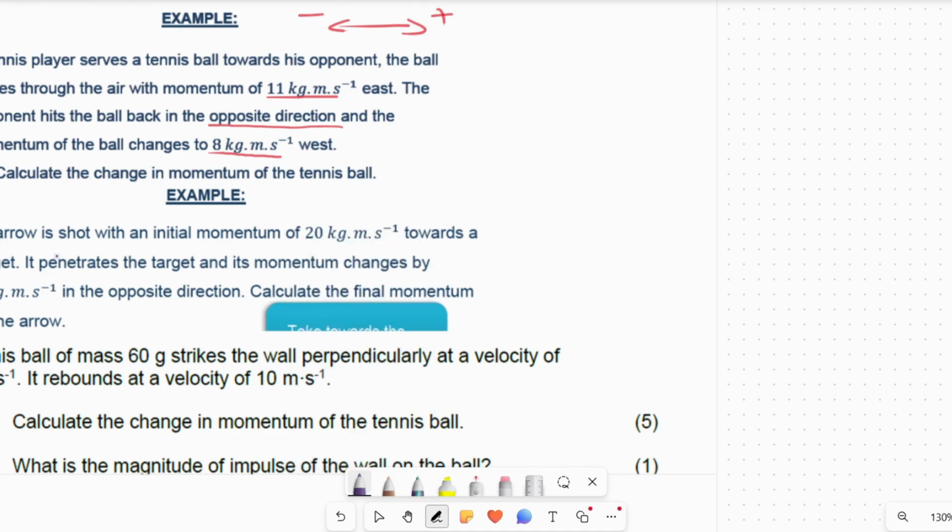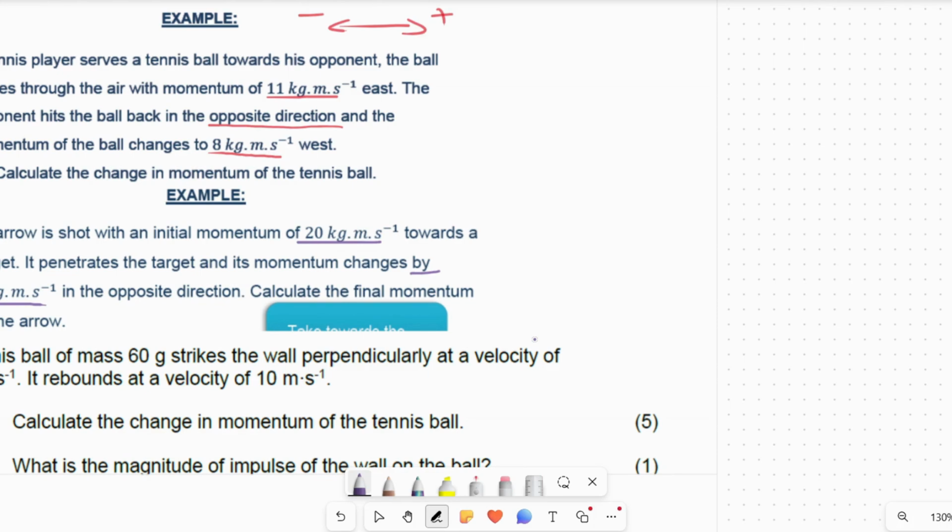In this case, they are telling us this is the initial momentum towards a target, that it penetrates the target and its momentum changes by 4 kilogram meters per second in the opposite direction. Calculate the final momentum.